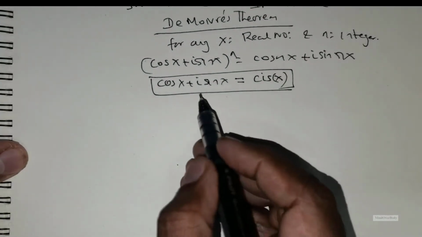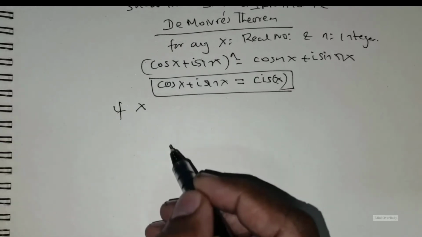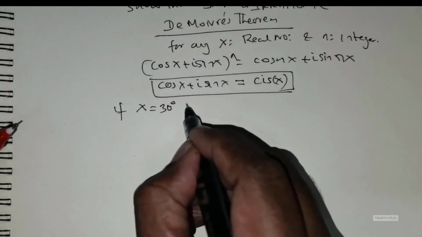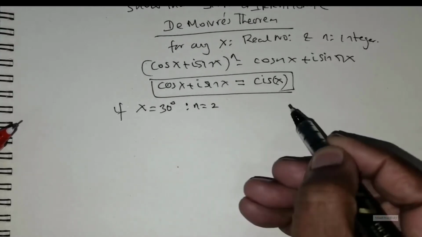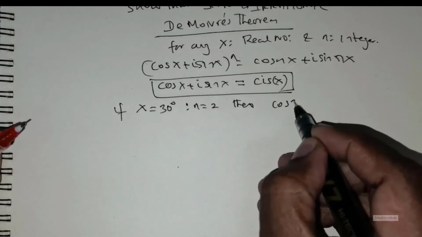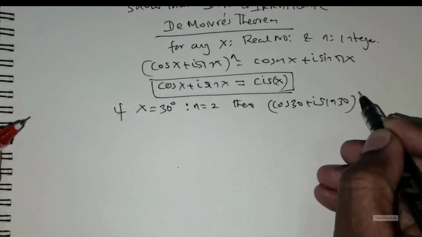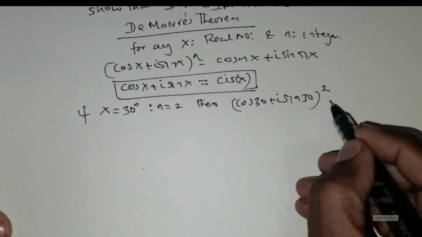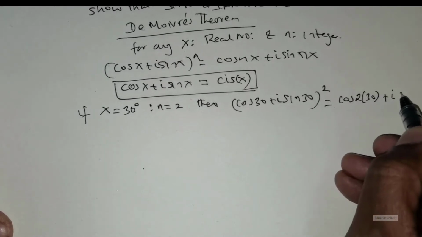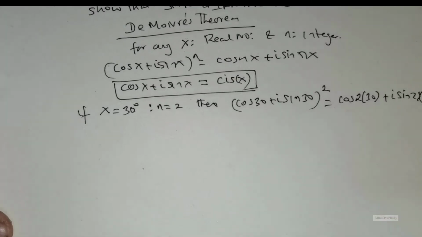Before I could proceed, I want to show you the proof of De Moivre's theorem. Now if I were to take x to be, say, 30 degrees and n to be, say, 2, then we have (cos 30 + i sin 30) raised to the power 2 being equal to cos 2 times 30 + i sin 2 times 30.